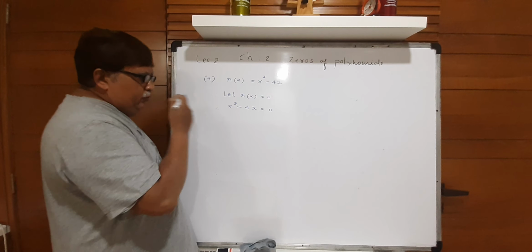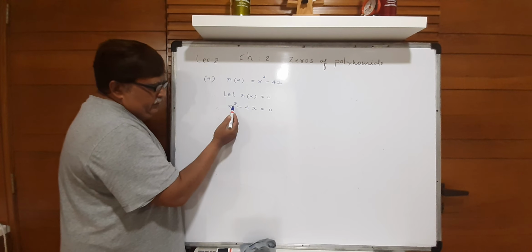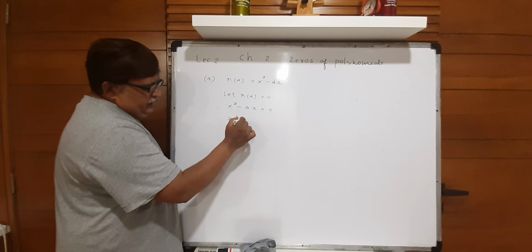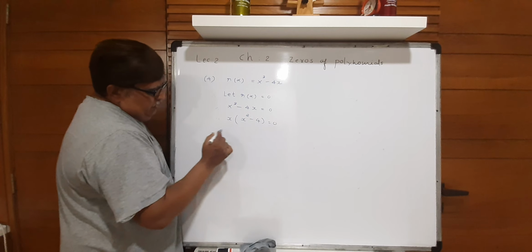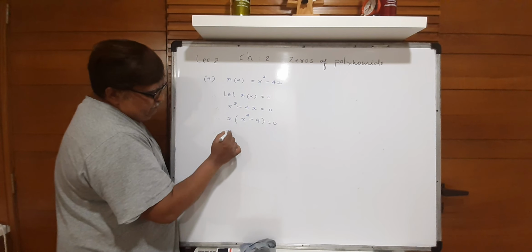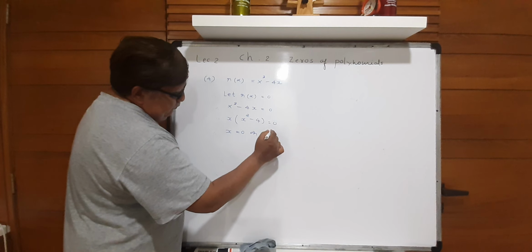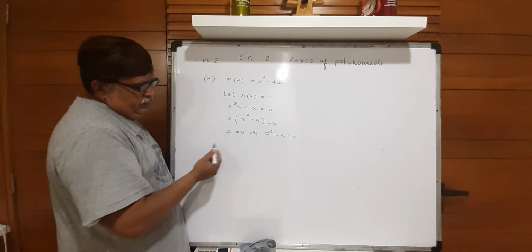In such a cubic polynomial, always develop the method of taking common. We take x as common. What is left? x square minus 4 equal to 0. So x equal to 0 or x square minus 4 equal to 0.